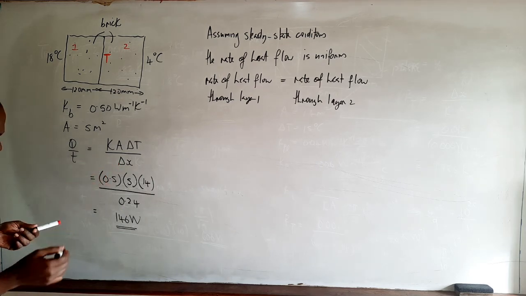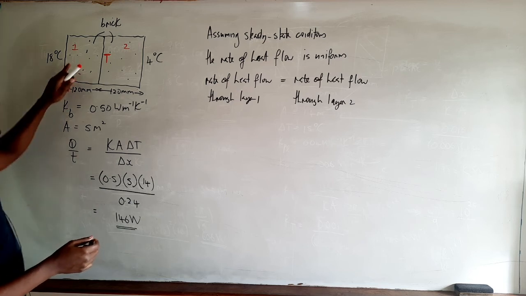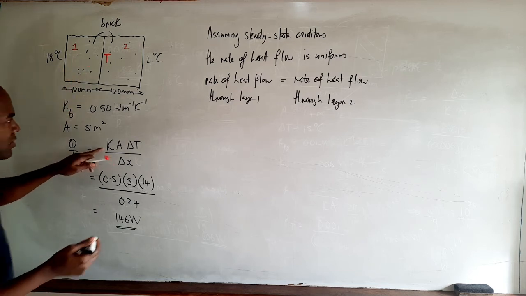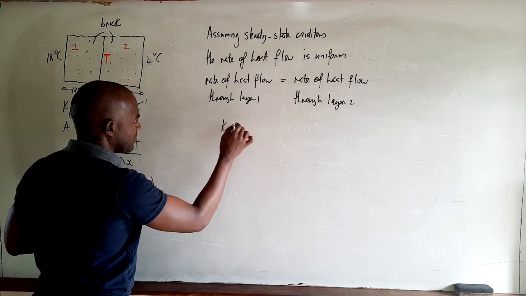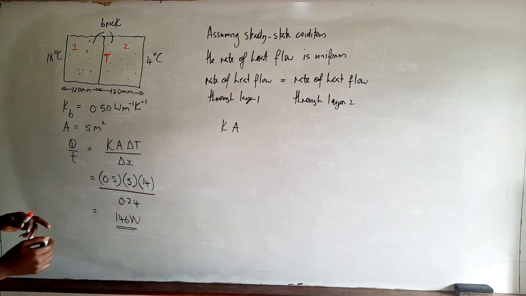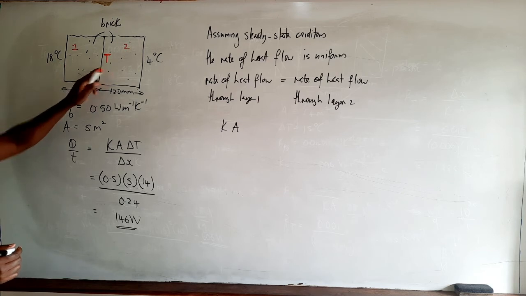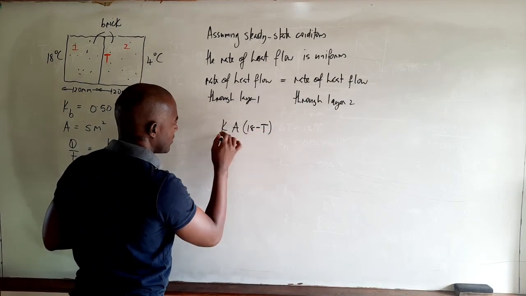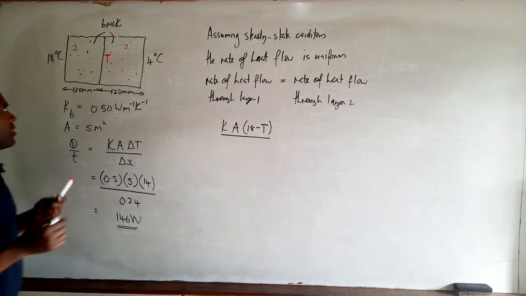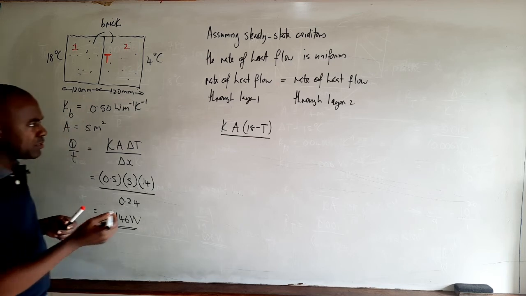So we can just go ahead and substitute our information. It's the same brick, so the K will remain the same, and the same area A. For layer 1, the temperature difference would be 18 minus T. So this is KA times 18 minus T, and the thickness would be 120 millimeters or 0.12 meters.